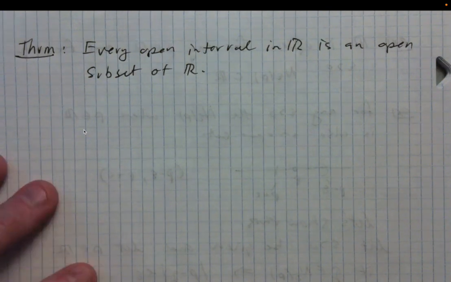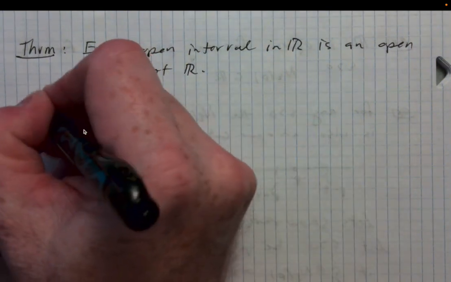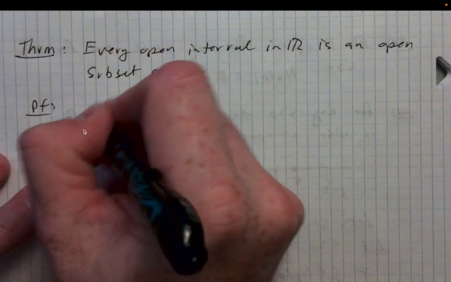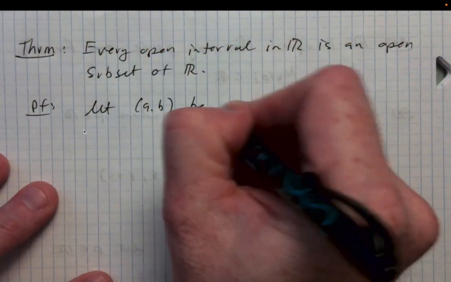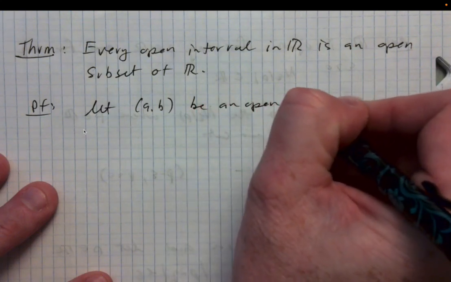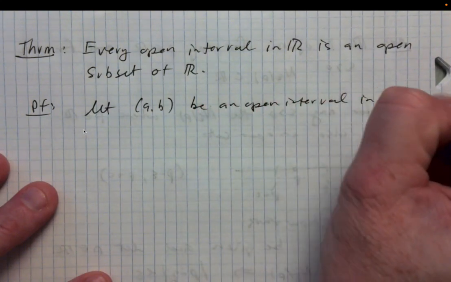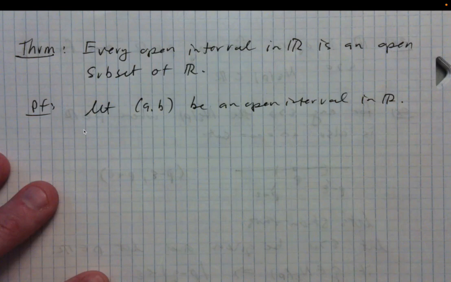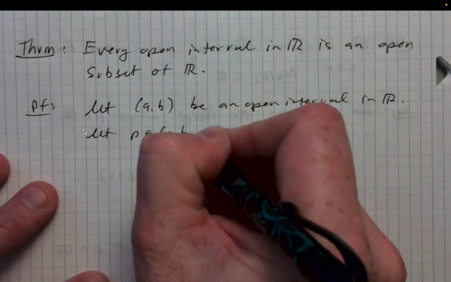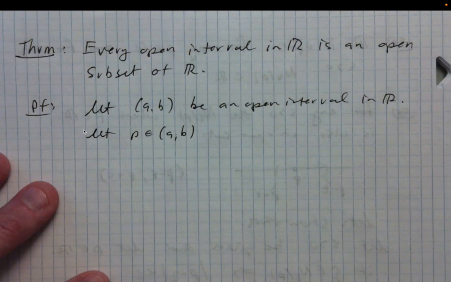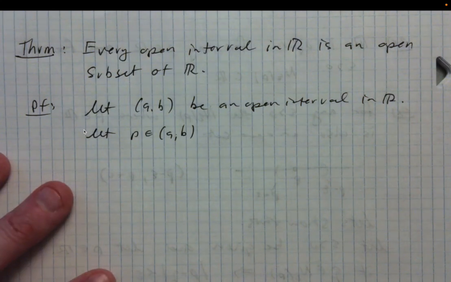Here we can prove it. Let (a, b) be an open interval in R. And we'll let p be an element in (a, b).